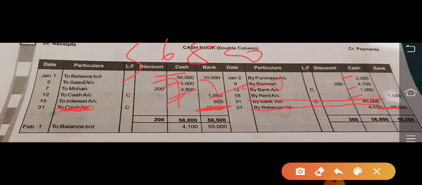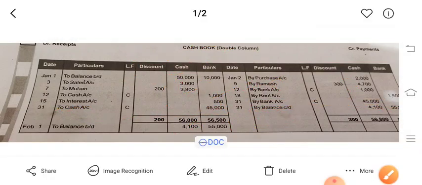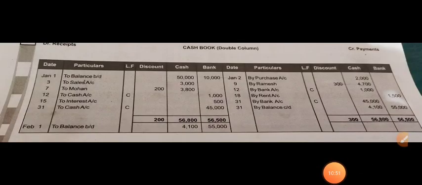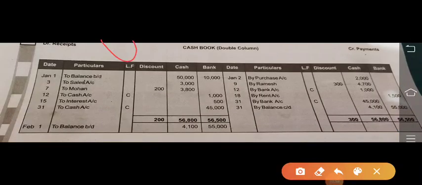So students, if out of 56,800 we deducted 7,700, so we are left with a cash balance of rupees 16 minus 7, 9. We are left with a balance of 49,100. Right, students? So here you can see that we are left with a balance of 49,100.